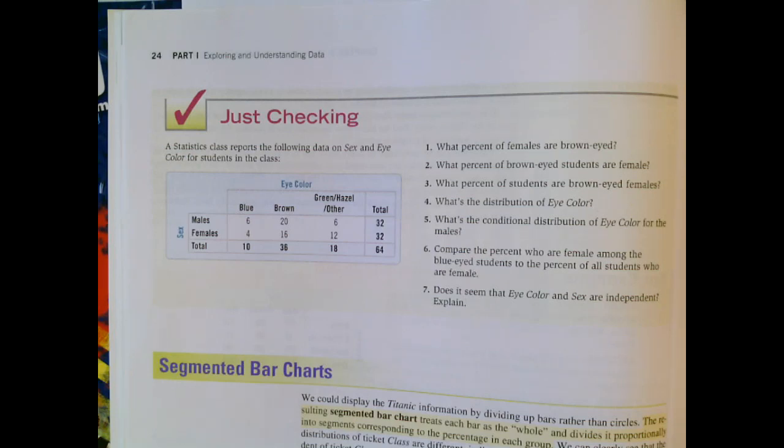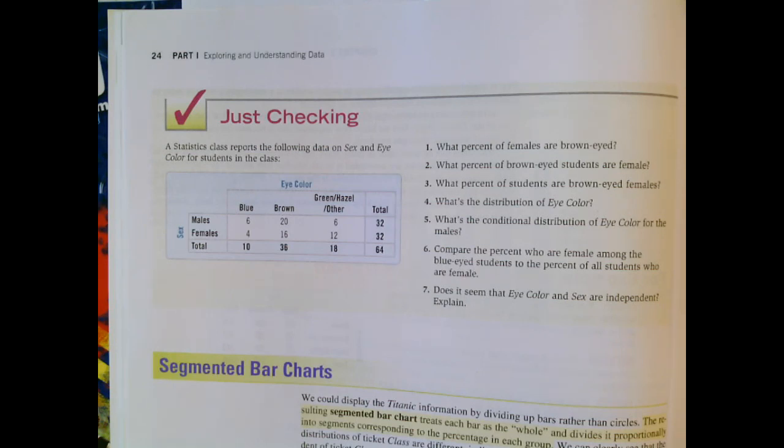Okay? So does it seem that eye color and sex are independent? No? How come no, Bodie? Yeah, do the percentages seem similar across all the categories based on sex?